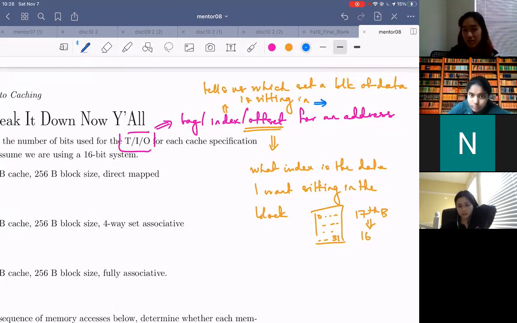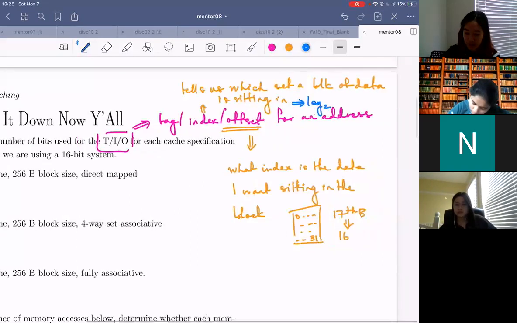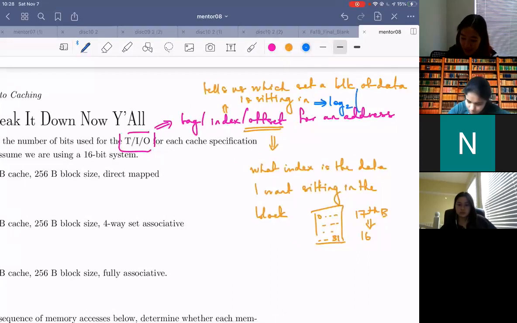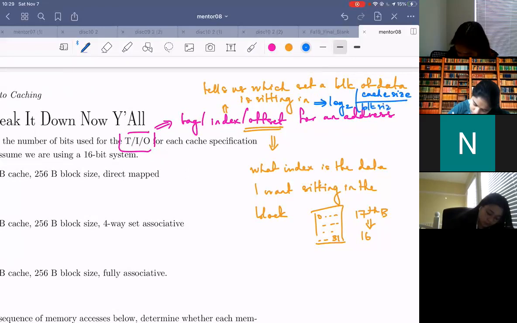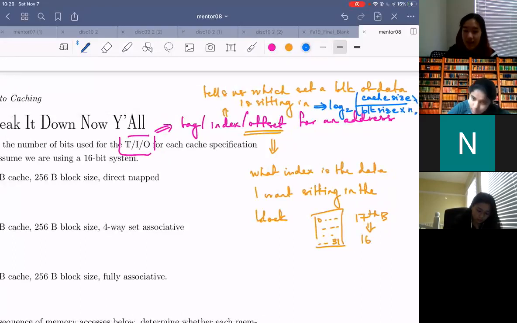Once we have the total number of sets, to understand how many bits we need to represent that, we take log 2 of it, because every bit can represent 2 states. So the overall way you do this would be log 2 of cache size divided by block size times n, with n being the number of blocks per set, like in an n-way set associative cache.